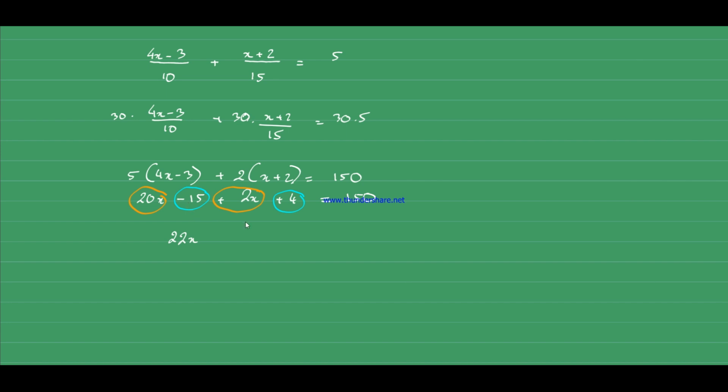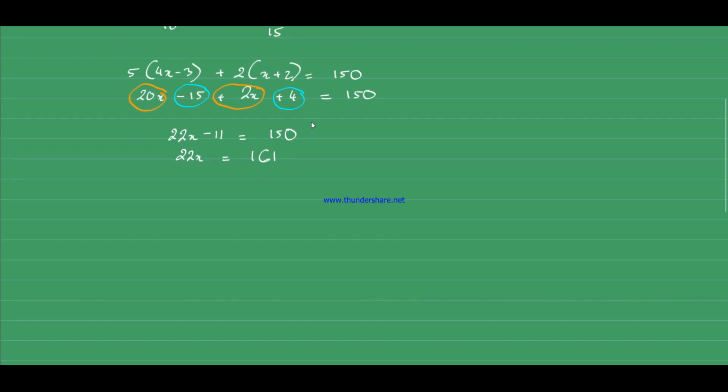You lose 9, but you gain only 4, so you still lose 5. Minus 5 equal 150. Now you get rid of this, so you have 14x equal 155. Then you go ahead and divide both sides by 14.